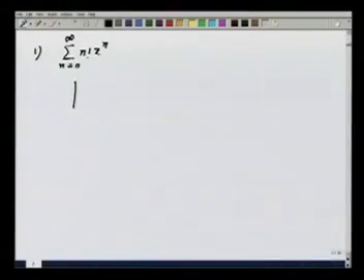That means I have to look at the modulus of the (n plus 1)th term, that is (n plus 1) factorial times x to the power (n plus 1), divided by the nth term, that is factorial n times x to the power n, and then I have to look at the limit as n goes to infinity.